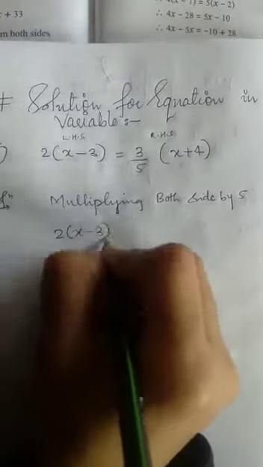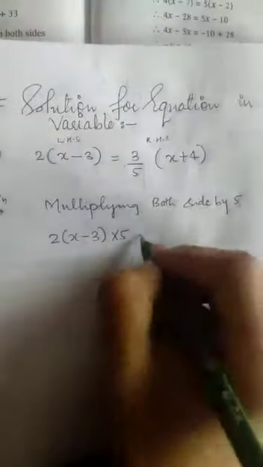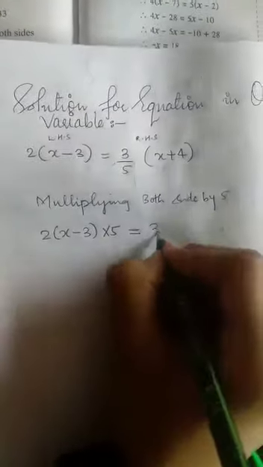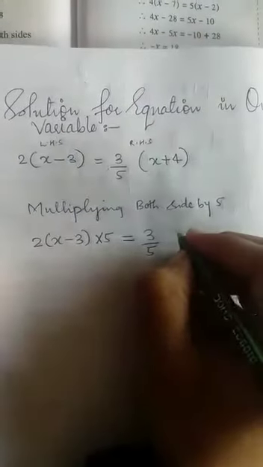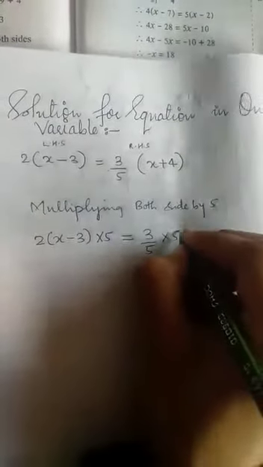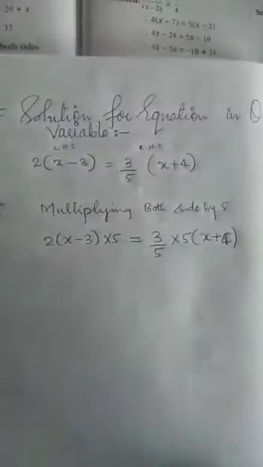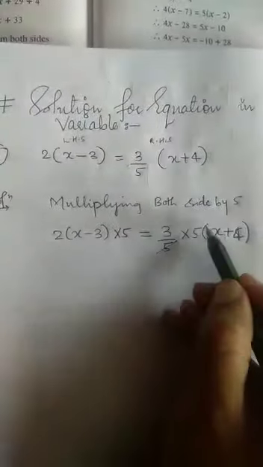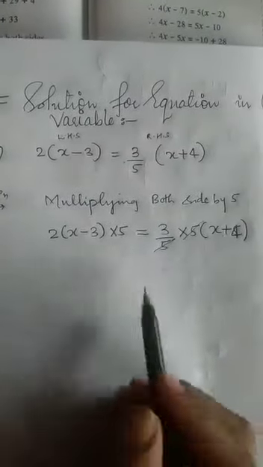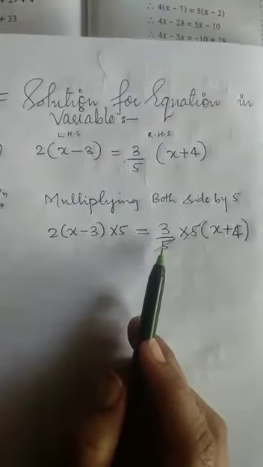See, 2x minus 3 multiplied by 5 is equal to 3 upon 5 multiplied by 5x plus 4. Then now see, this 5 gets cancelled. We have removed this 5 from the denominator.